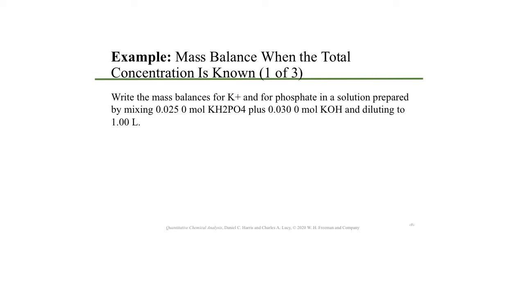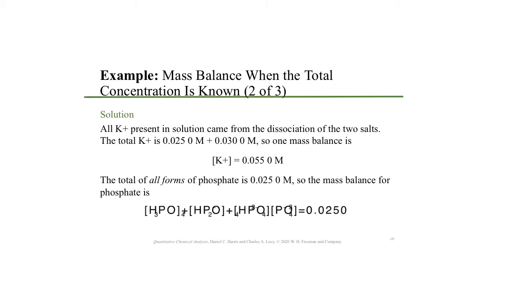One would be for the K plus, and one would be for the phosphate species. So here are the mass balances, okay? So the mass balance for this system, all of the K plus is in the same form. And so you simply take the formal from one and the formal from the other. That's it. But this is a little different down here with all the different forms of phosphate.